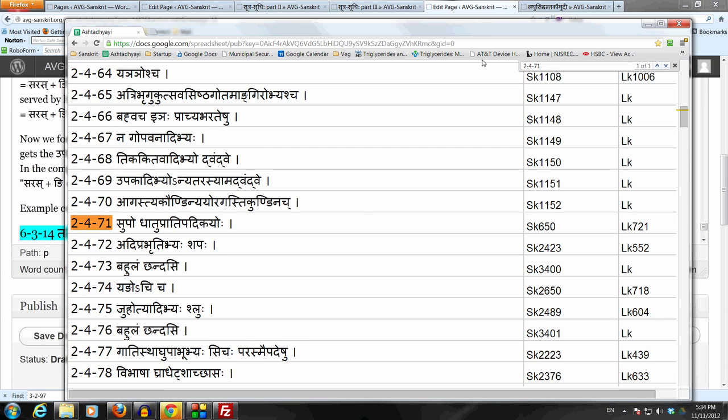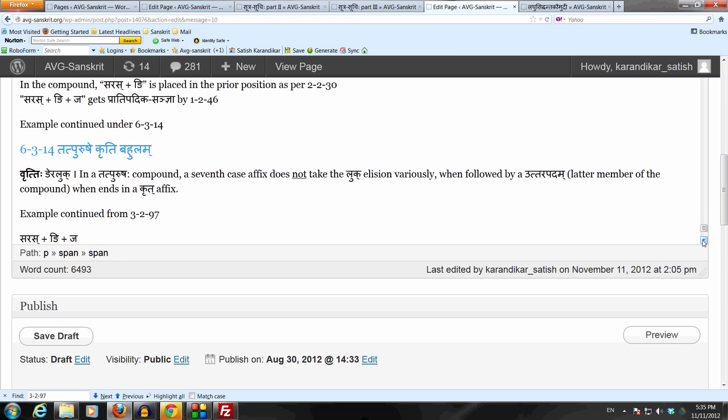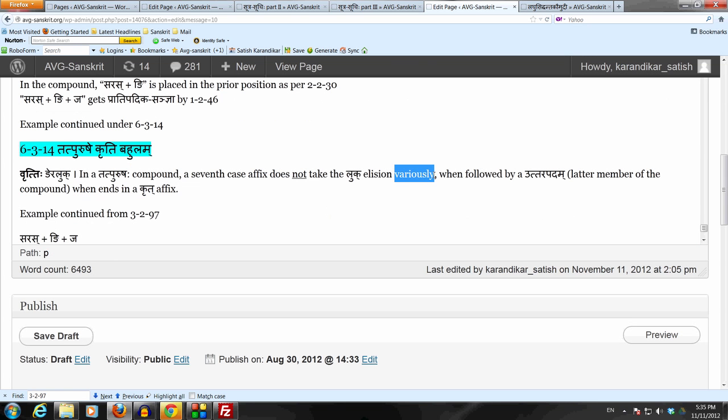We would use supo dhatu pratipadikayoho, but now comes a special sutram: 6-3-14, tatpurushe kriti bahulam, which is going to prescribe only an optional elision of that ni affix. So that will be the next sutram which we will take up next, 6-3-14, tatpurushe kriti bahulam, in order to complete the derivation of this compound.